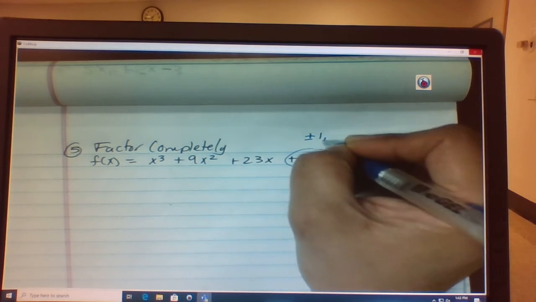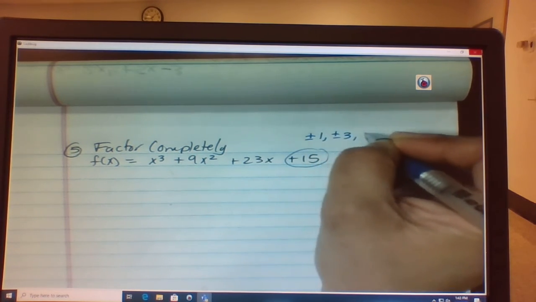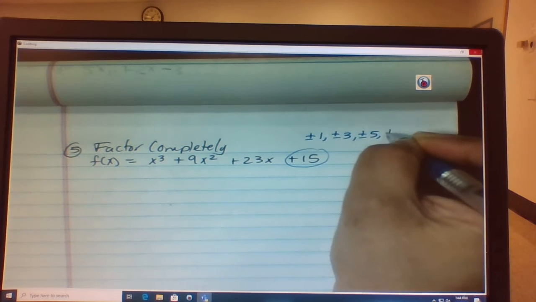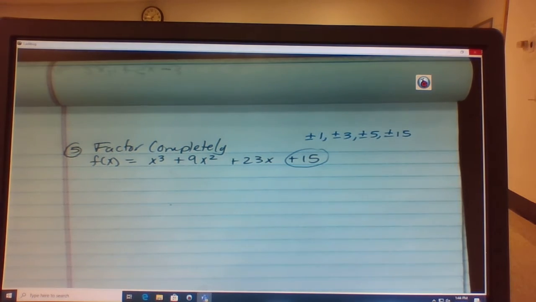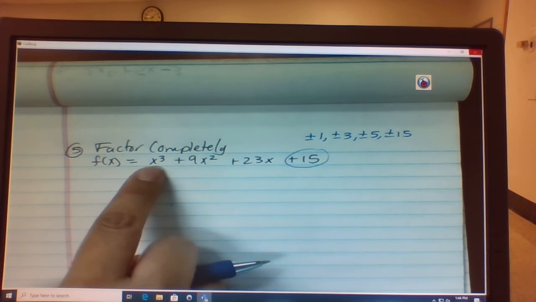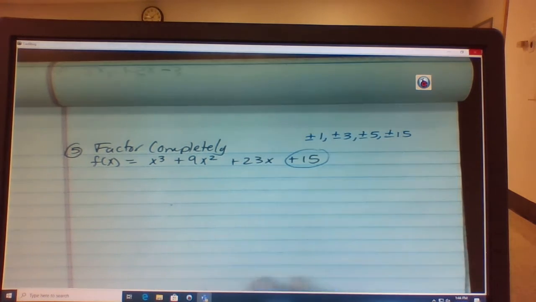Plus or minus 1, plus or minus 3, plus or minus 5, or plus or minus 15. So using synthetic division, we start playing around with numbers and say, oh, let's try a 5, let's try a 3, a negative 3, a 1, a negative 1, whatever you want to try. As long as you find one when it's a cubic, then you should be able to find the other ones by doing the little table.